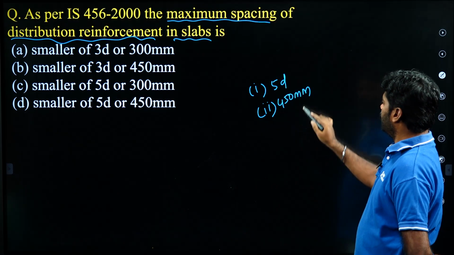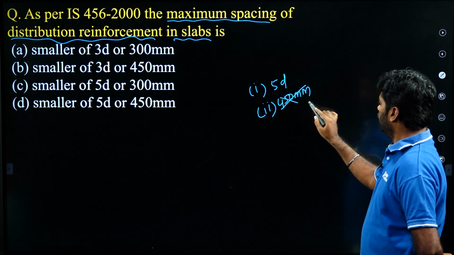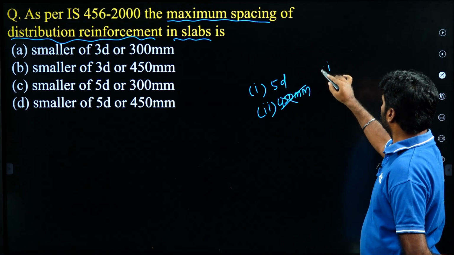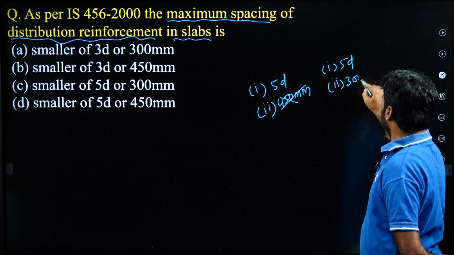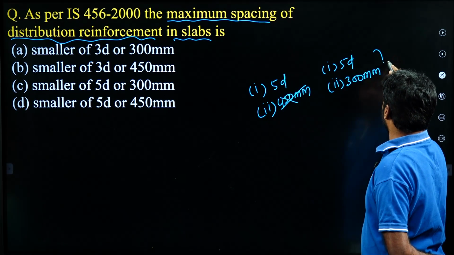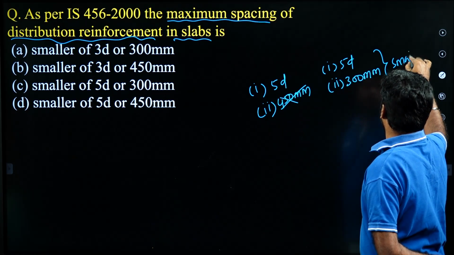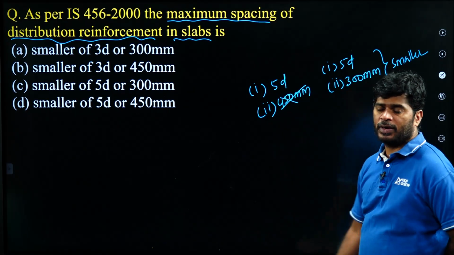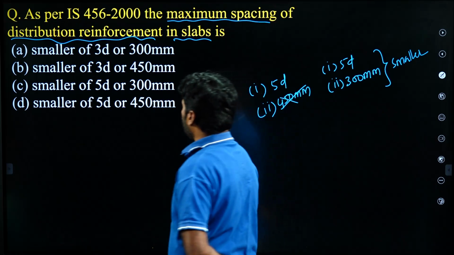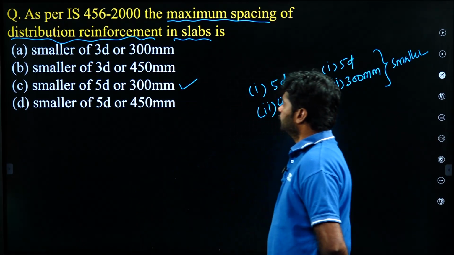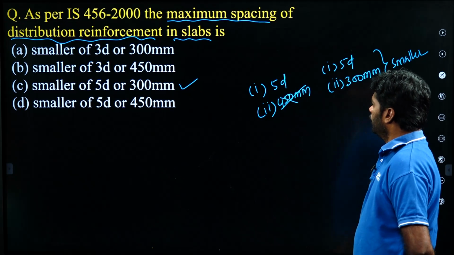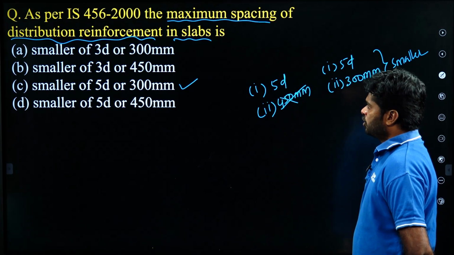Later on it was modified: it is not 450 mm, it is modified to 300 mm, 5d or 300 mm, whichever is smaller. The maximum spacing for distribution steel should be 5d or 300 mm. Option C is correct. Okay? Fine. Next question.